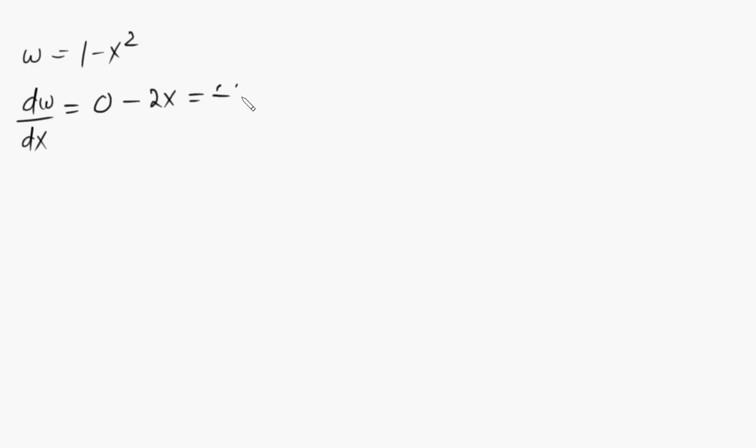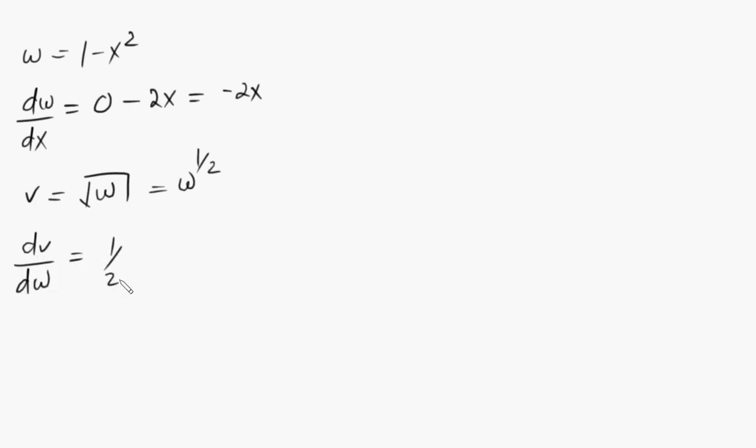Now v is equal to w to the power one half, so dv/dw is 1 over 2 w to the power of one half minus 1, which is 1 over 2 square root of w.